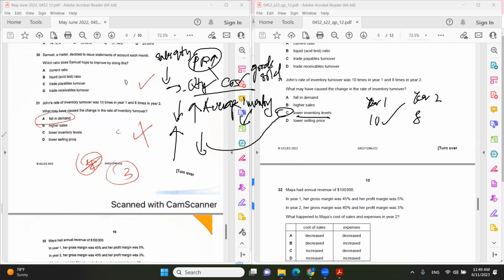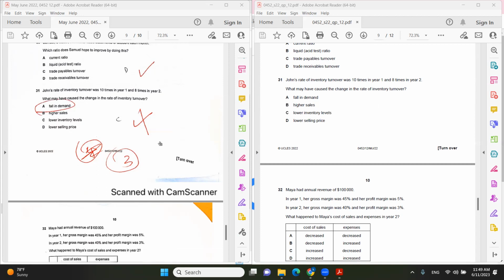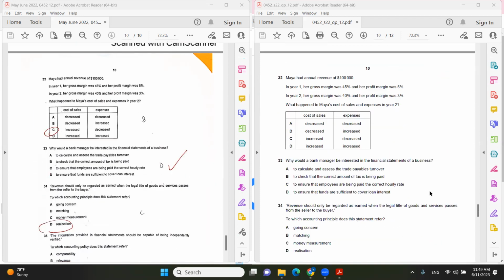Okay, next. Question 32. Maya has annual revenue of 100,000. In year 1, her gross profit margin is 45% and her profit margin is 5%.